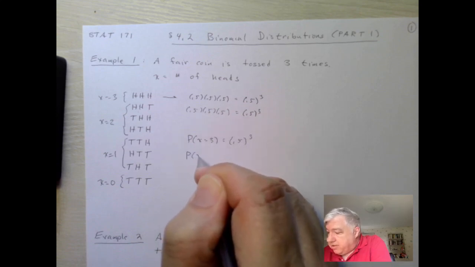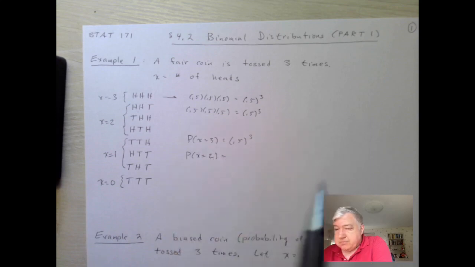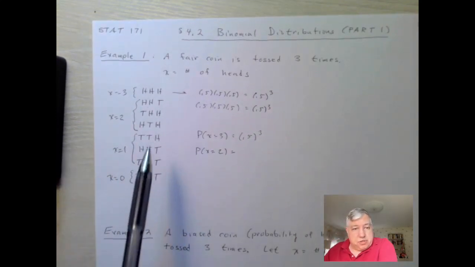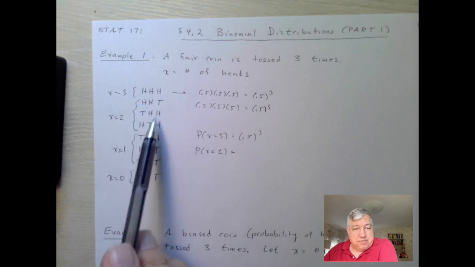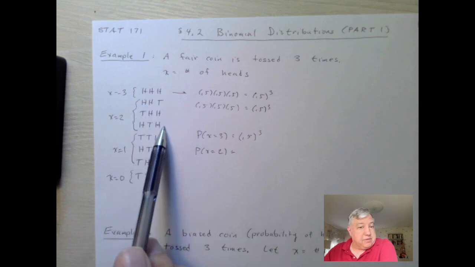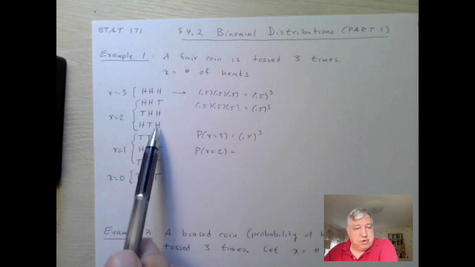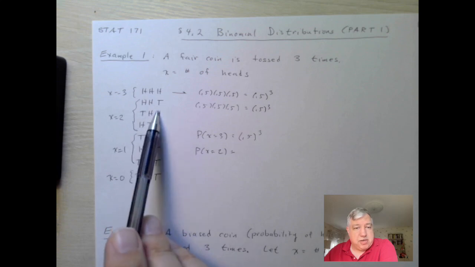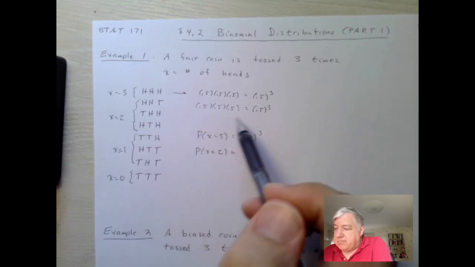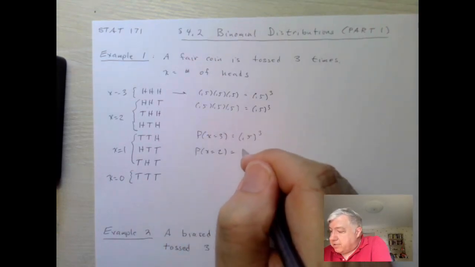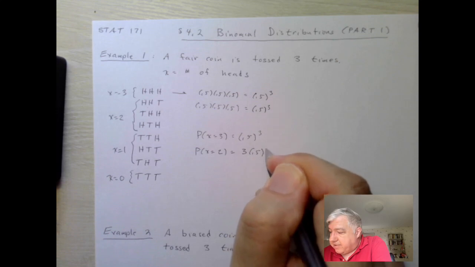The probability that x equals 2 would just be the probability of this event plus the probability of this event plus the probability of this event. These are all disjoint, so they're mutually exclusive, so we just add the probabilities. And since the probability of each outcome is 0.5 cubed, this would just be 3 times 0.5 cubed.